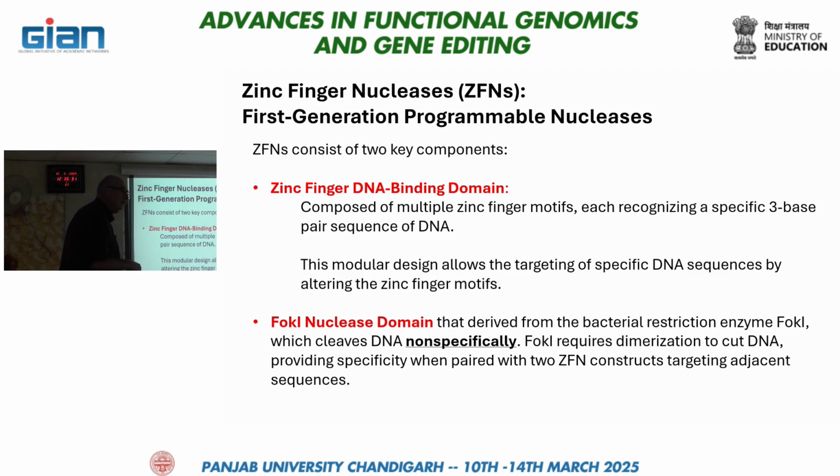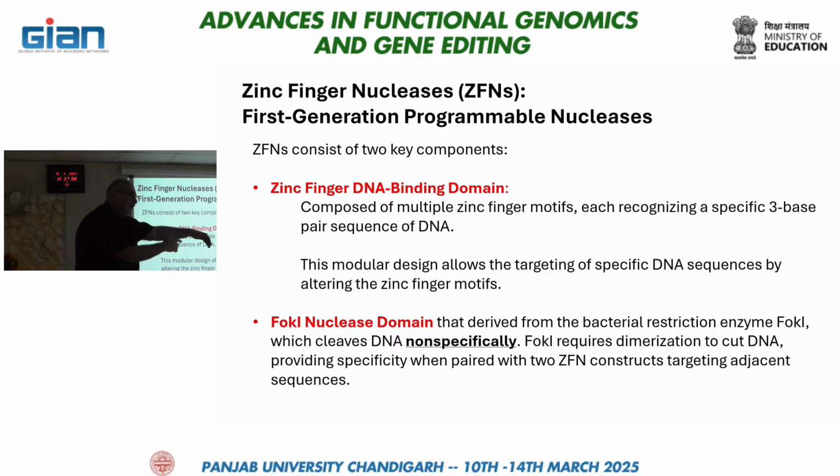But then what you need is to cut DNA, and for that you need the FokI nuclease domain. FokI is a bacterial restriction enzyme, a type 2 restriction enzyme, and it can recognize one sequence but cut somewhere else.